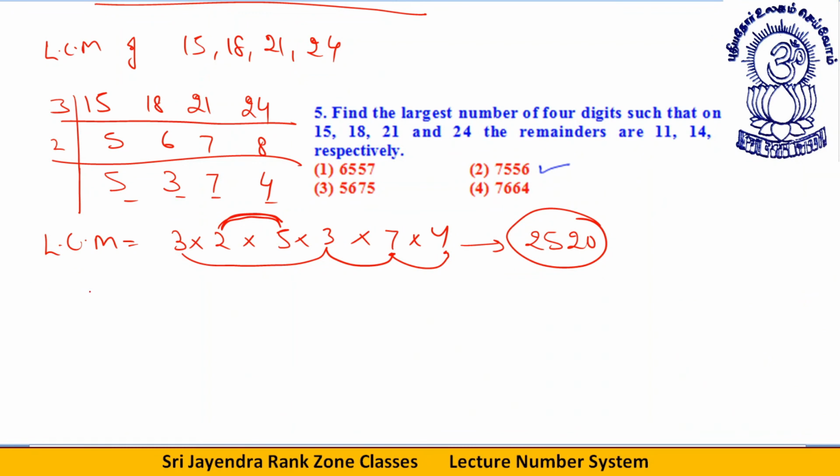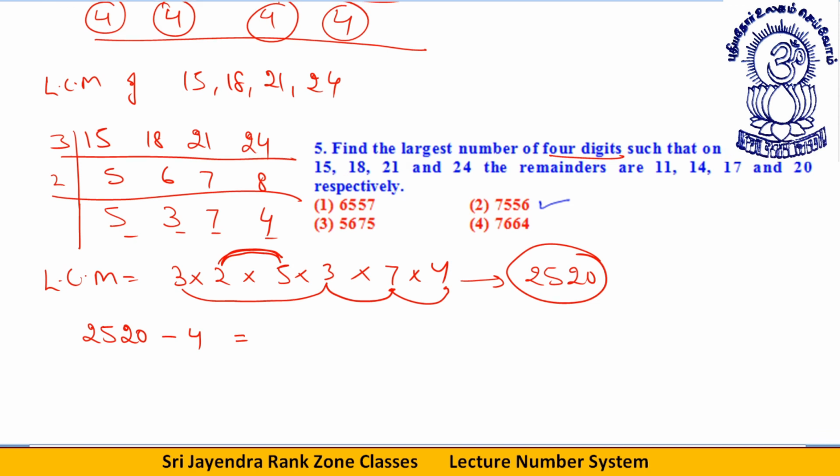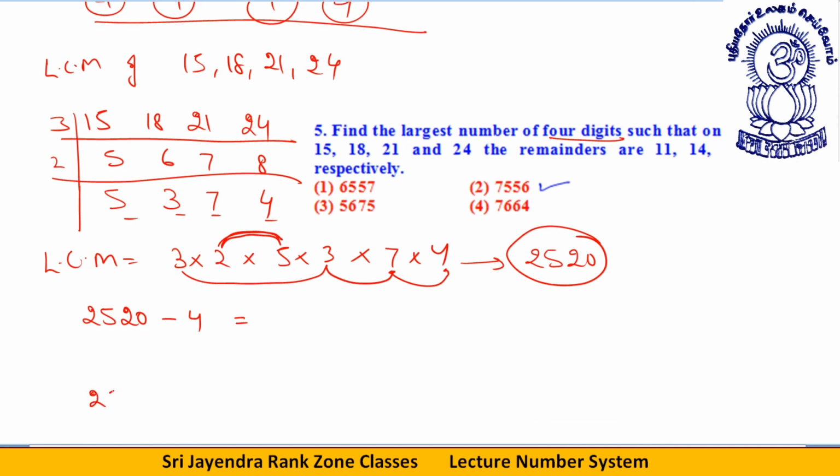The number will be of the form 2520 minus 4. Why 4? All of them are negative remainders of 4. Okay. So minus 4. But we need to find the largest number of 4 digits. Okay. So the largest number of 4 digits will be, first of all, if I multiply 2520 by 4, then I do minus 4, then what I'll get? 2500 when multiplied by 4 will give me 10,000. 20 when multiplied by 4 will give me 80.